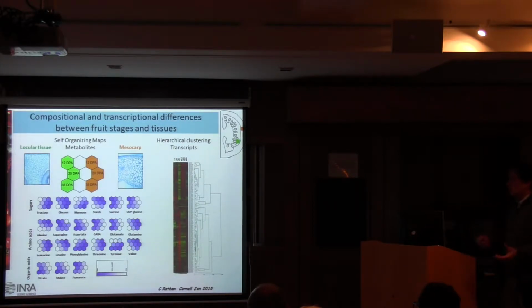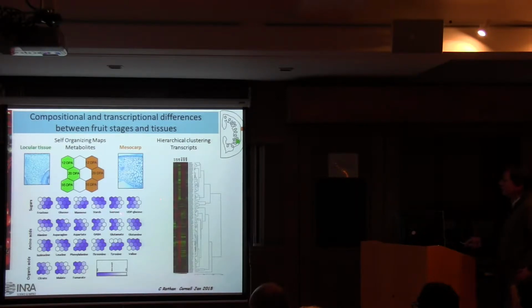doing metabolome analysis, transcript analysis. This has been done some time ago, so it was with microarray. And you can see that the two tissues, locular tissue and mesocarp tissue of the cells, have the same trajectory, but are clearly different.